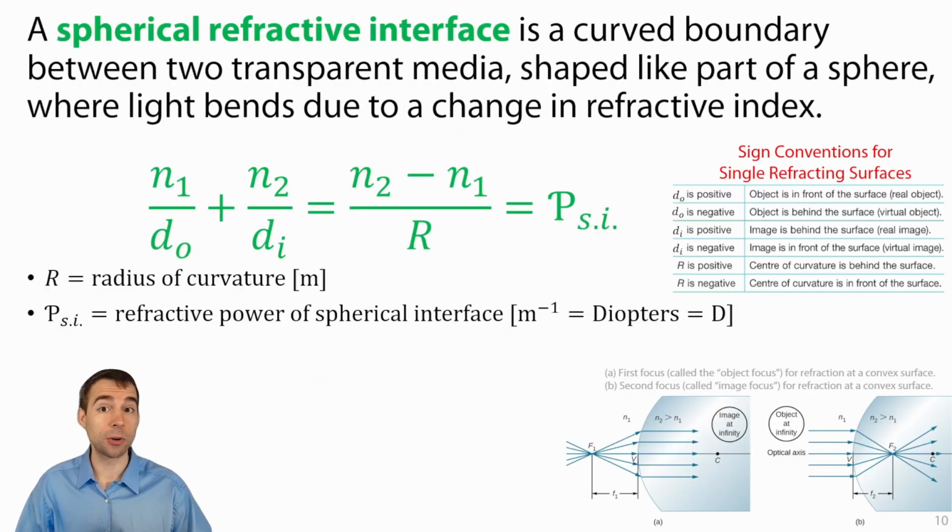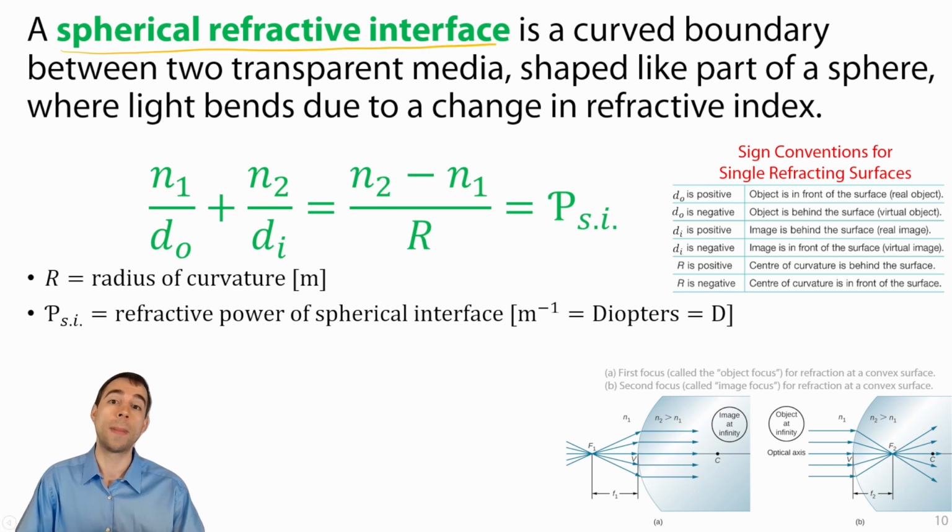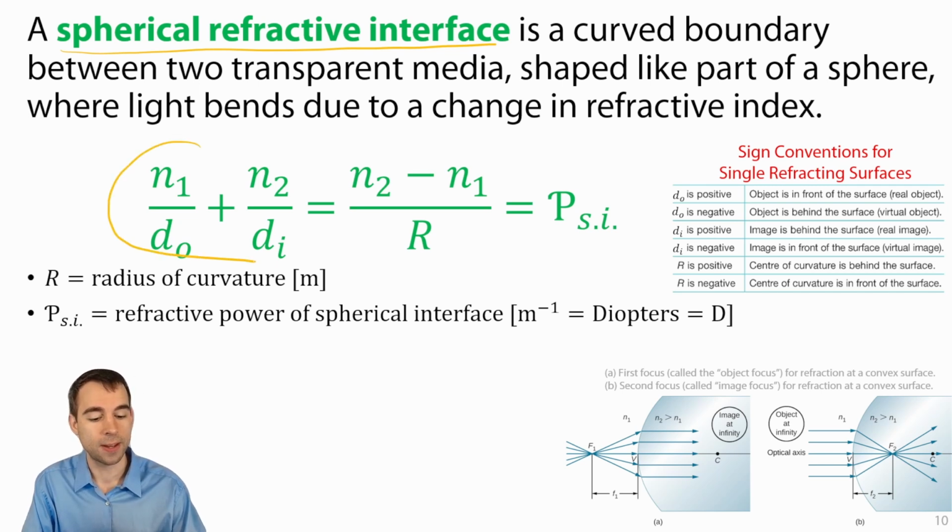So spherical mirrors will reflect light rays in order to form a real or virtual image. But we can also use refraction from a spherical interface to form an image as well. And so we can calculate the object distance and the image distance of some kind of spherical interface based on the indices of refraction.